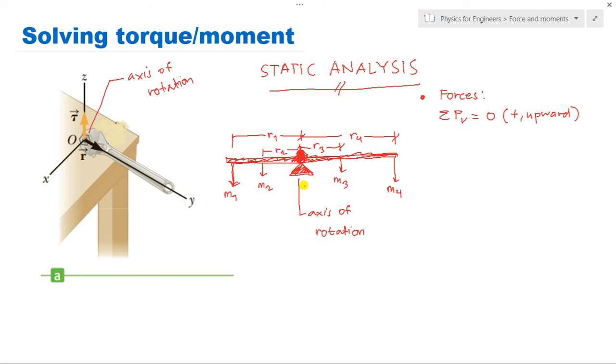Gravity on each mass, the weight of each. Since they are downward, they are negative. So that is negative mass 1 g, minus mass 2 g, minus mass 3 g, minus mass 4 g. Class, all of these forces are downward.